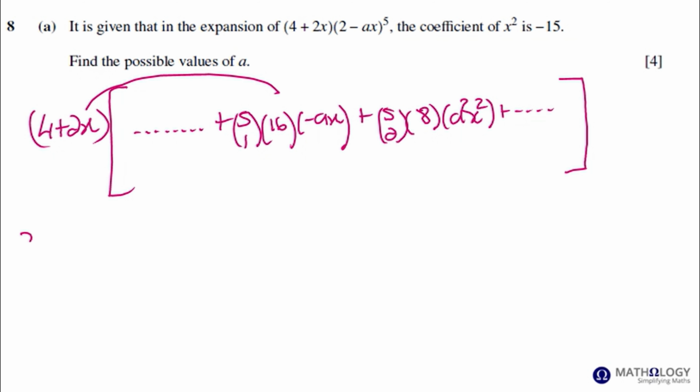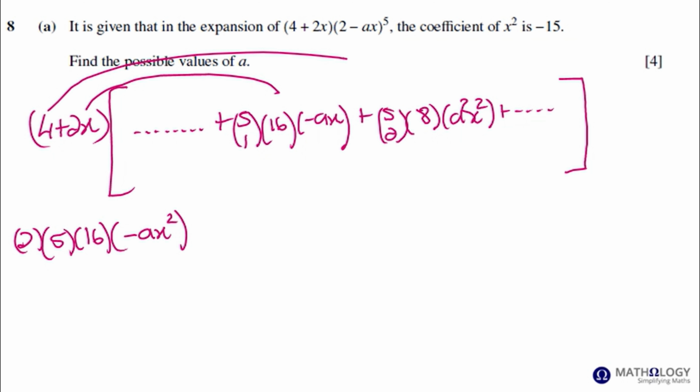So we will have 2 times 5 choose 1, which is 5, times 16 times x times −ax, which is −ax squared. And then 4 times that term will also give us a term in x squared.